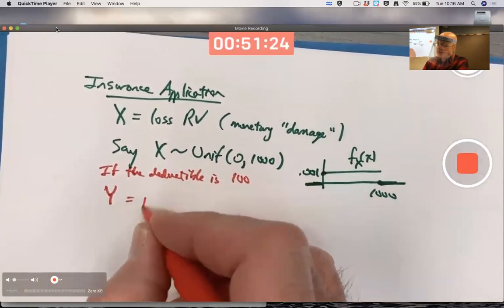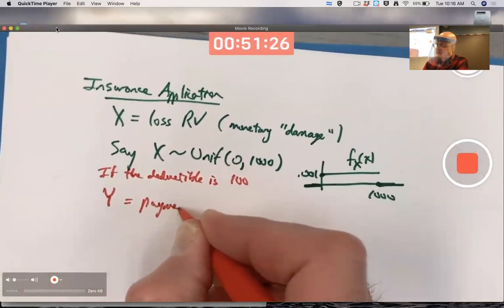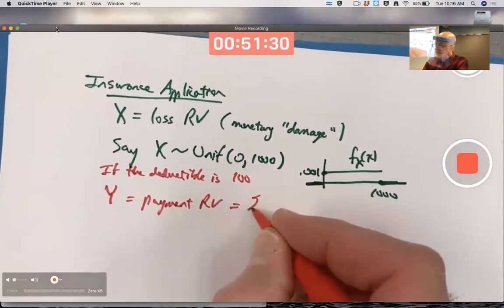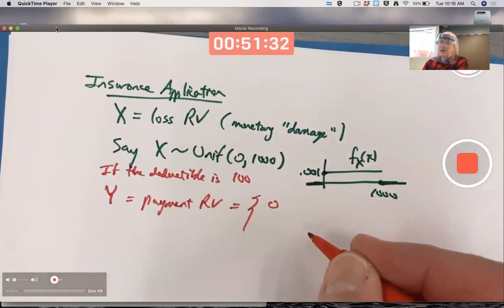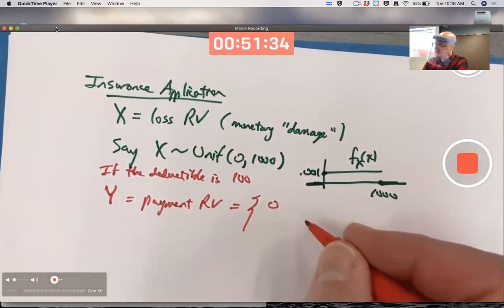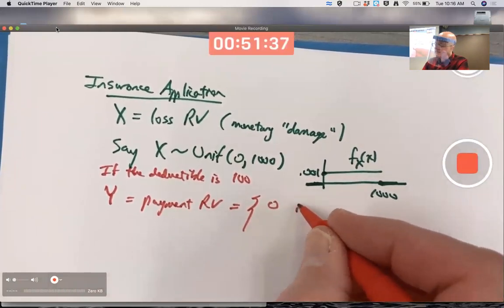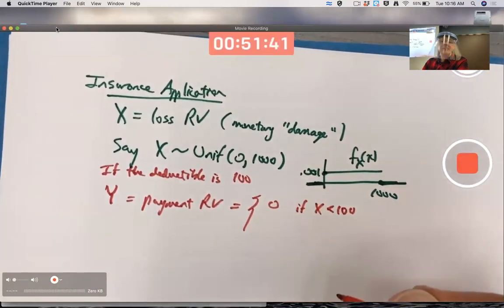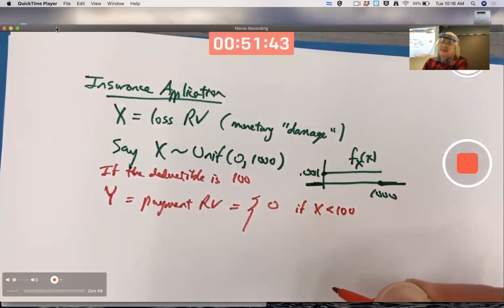then Y, the payment random variable, how much the insurance company actually pays for your loss, is 0 if your loss is less than 100. And is something positive when X is bigger than 100.